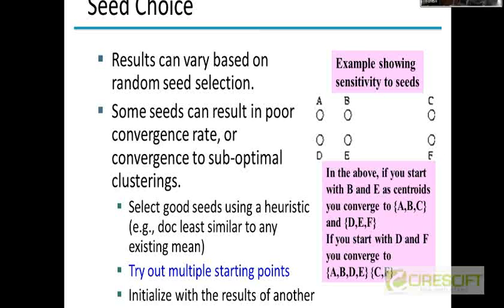Recall that k-means starts by taking two of the documents, assigning one of them the color red and the other the color blue. Suppose we had started with this as the red document, this as the blue. What would our two clusters have been?